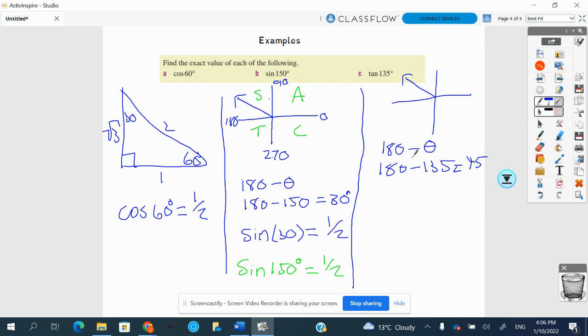So using our first exact value triangle, tan of 45 is equal to 1. And we need to check whether this is a negative or positive. So all stations to civic. In this quadrant, tan is negative. So tan of 135 degrees is equal to -1.